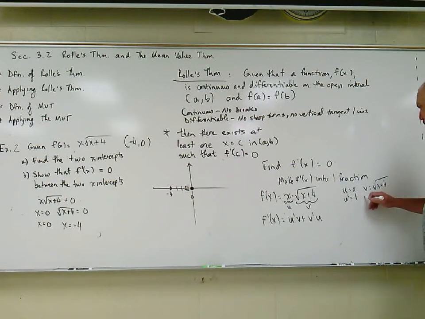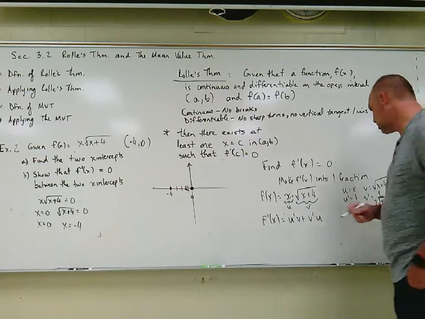Do you remember the shortcut for square root? Yep, 1 over 2 square root of x plus 4. And then you're supposed to do chain rule, which means you would multiply by the derivative of the inside, which is 1. So that's nice, you don't need to worry about that.